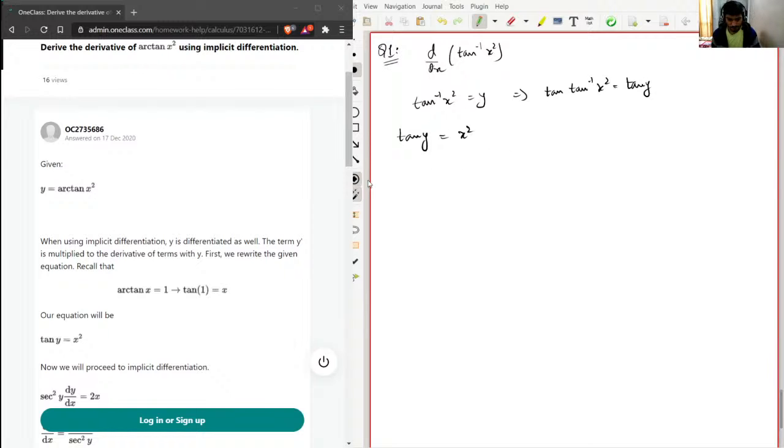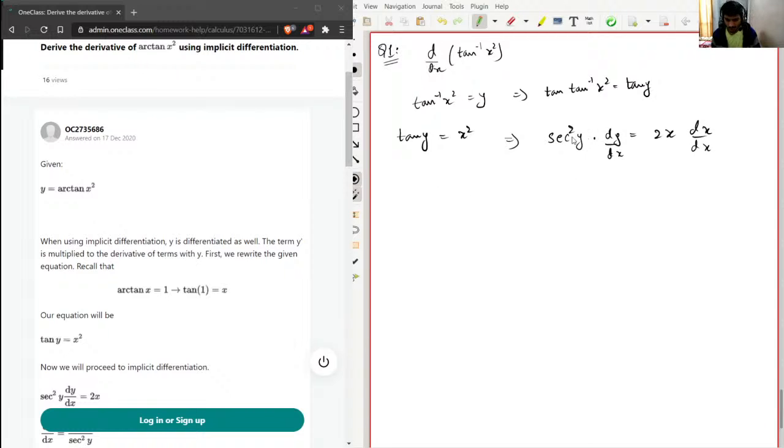We take the derivative on both the sides with respect to x, so the derivative of tangent is secant square y times dy by dx, and this will be 2x times dx by dx.